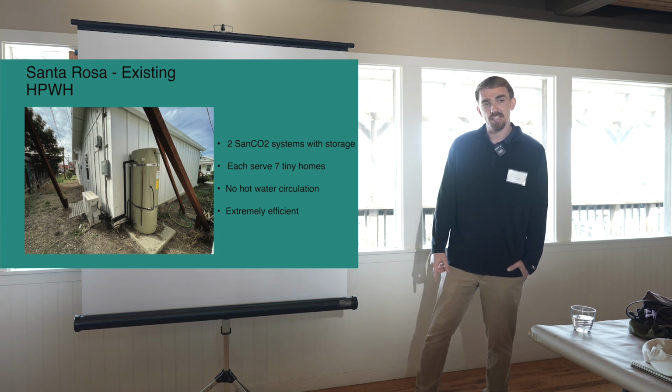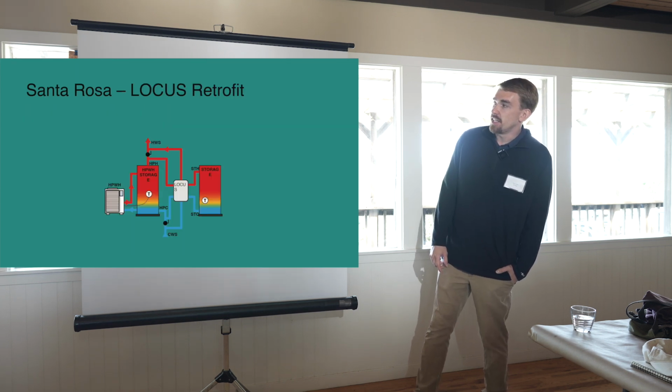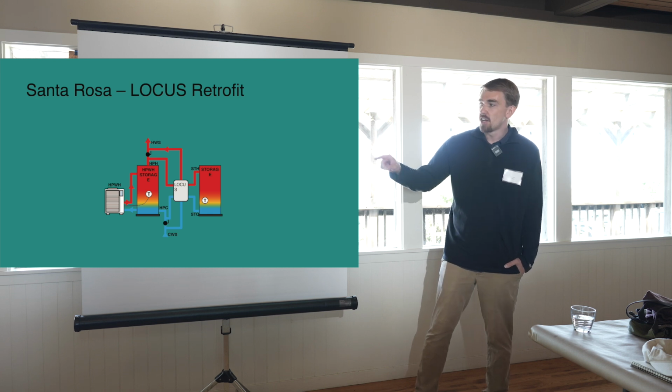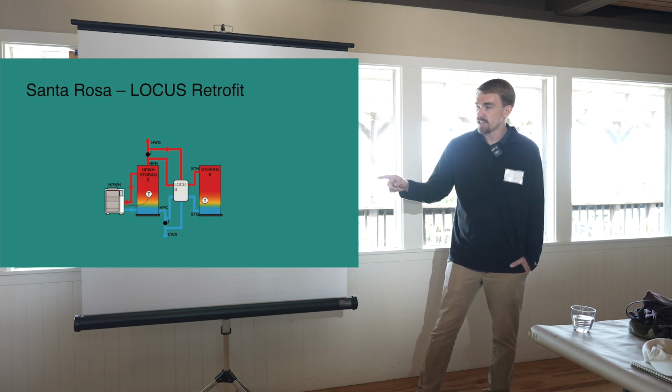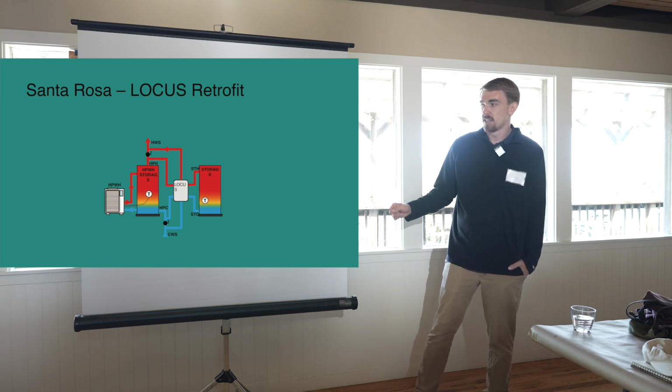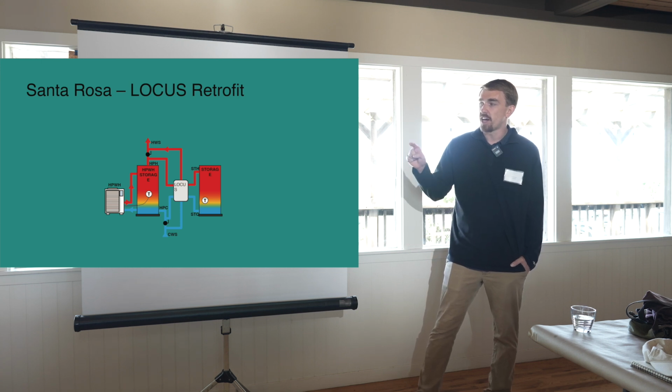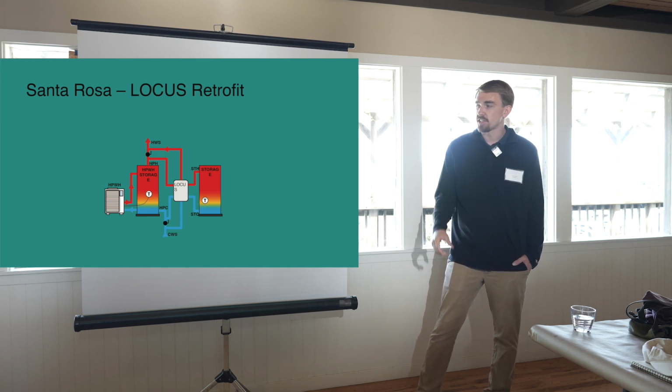And on the next slide, you'll see the cartoon version of the heat pump system itself. I've explained this with a single storage tank and a heat pump to charge it, hot and cold building connections, and then advance. We're going to tie the Locus into the hot and cold heat pump storage connections.